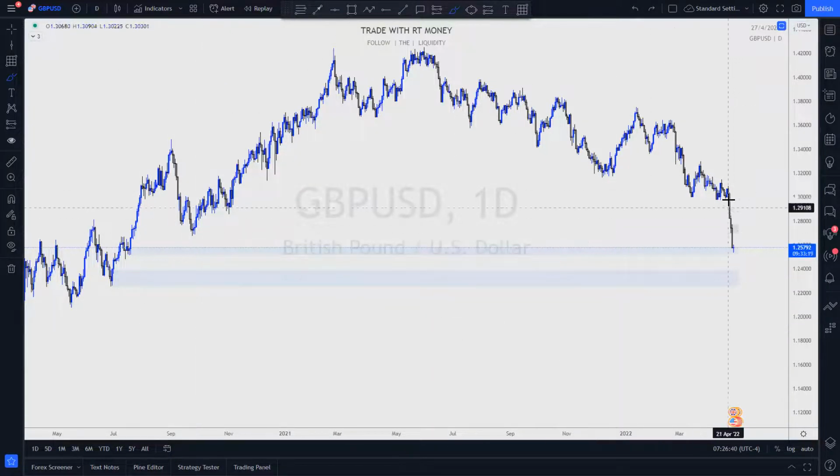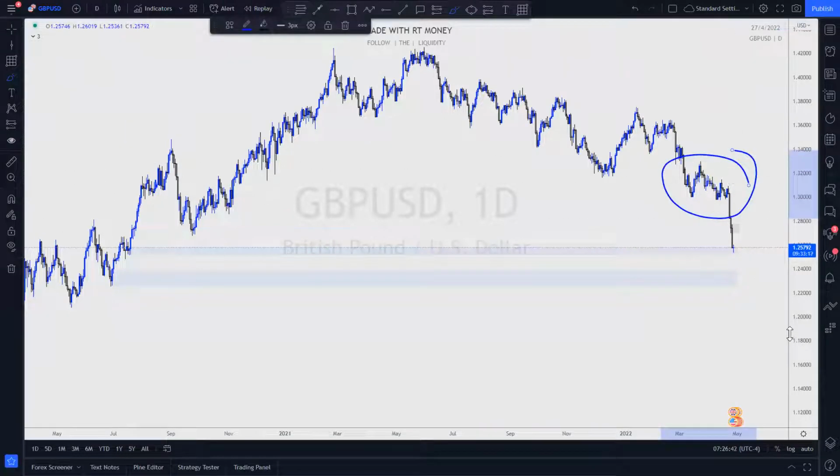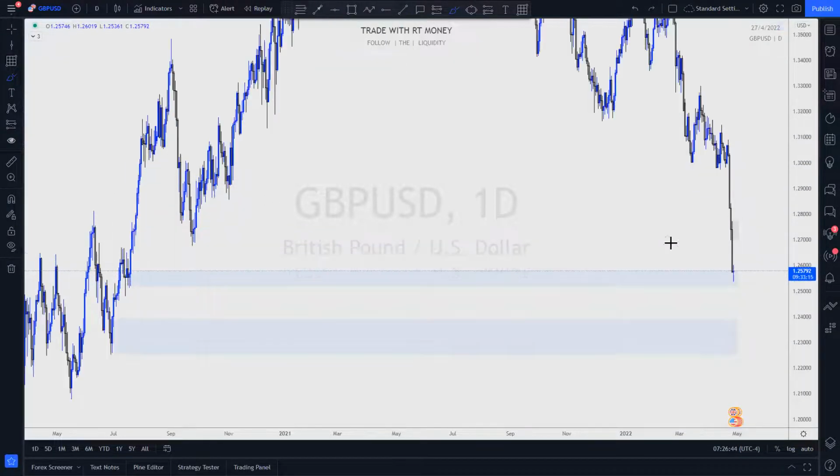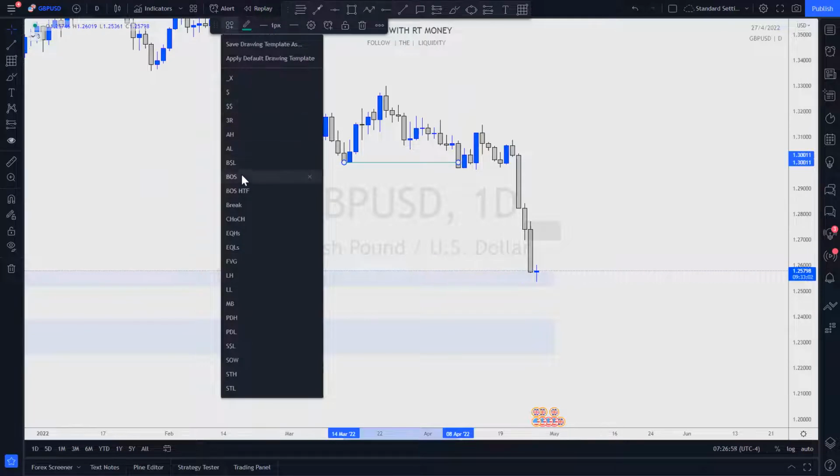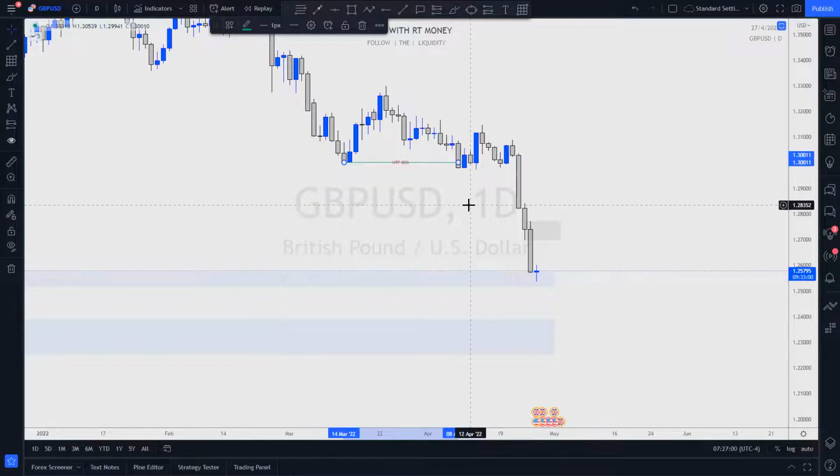Now this is the current price action. What we see is price has broken structure to the downside. And when I say breaking structure, I mean a commitment to go lower. That's a close below that structural low, that lower low, to make that lower high.